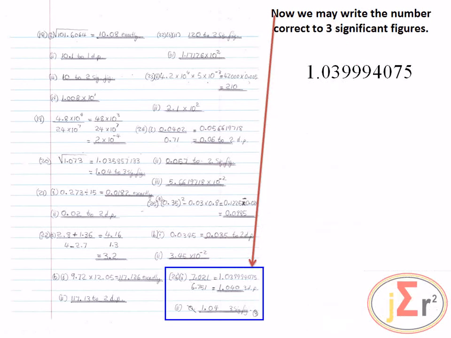Now we may write the number correct to 3 significant figures.